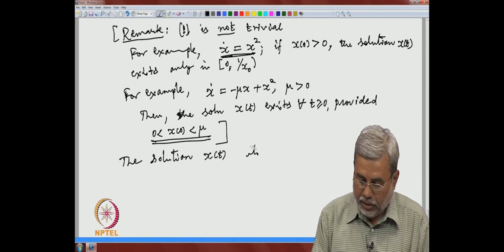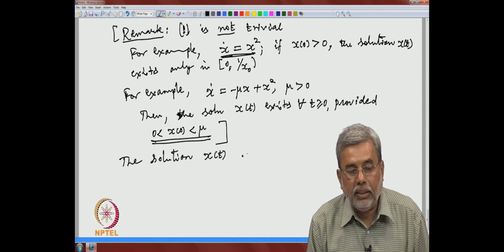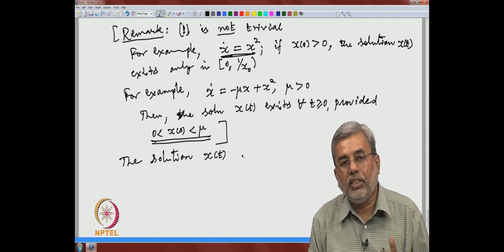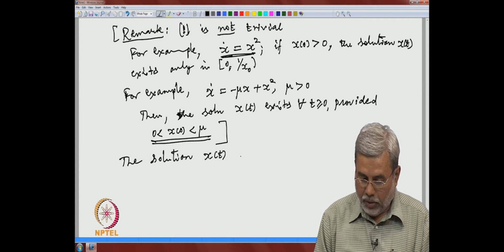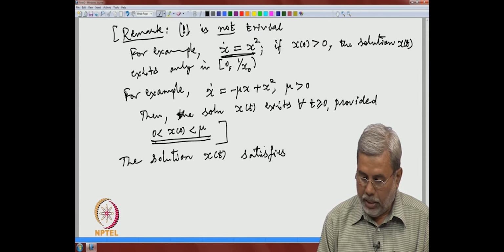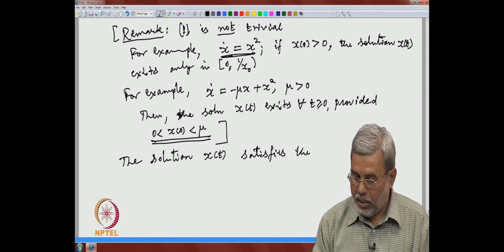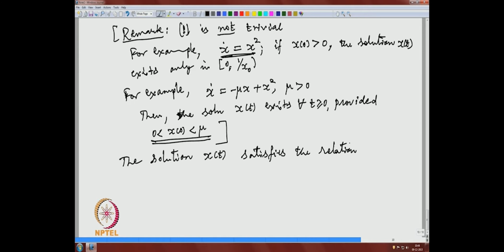So, this again you recall, we have proved the existence by converting the given differential equation into an integral equation, and I am going to write the same thing. x(t) satisfies the relation, the equation: x(t) is equal to e to the t A x 0.